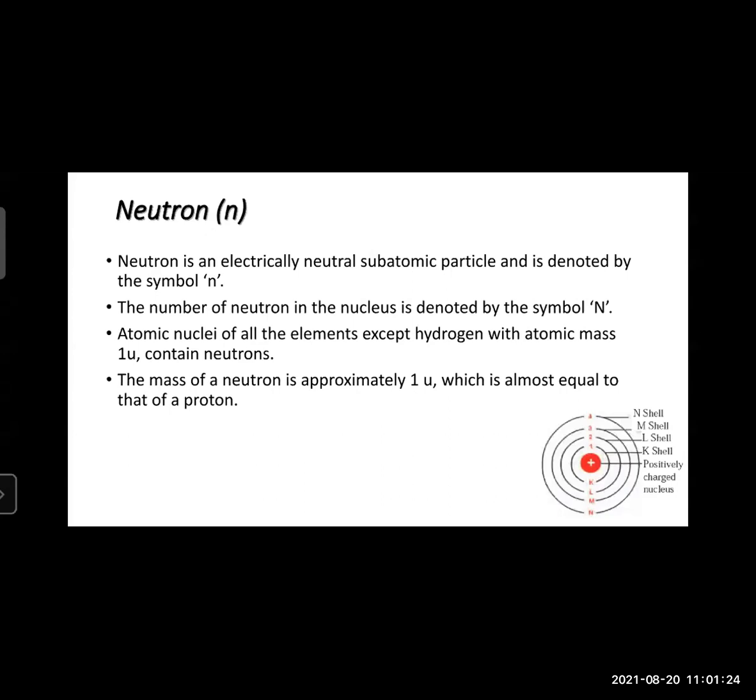The number of neutrons in the nucleus is denoted by the symbol N. Atomic nuclei of all the elements except hydrogen with atomic mass 1 u contain neutrons. The mass of a neutron is approximately 1 u, which is almost equal to that of the proton.